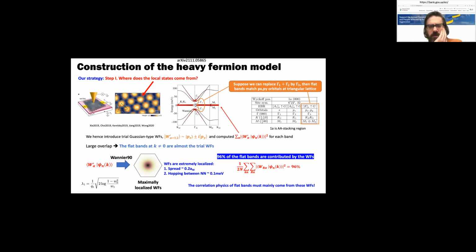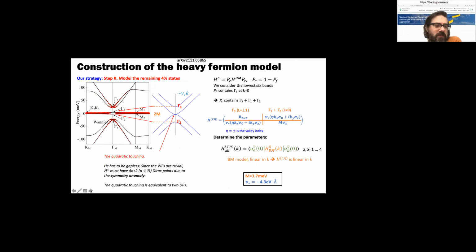Okay, so at the magic angle, 4% of the states are not given by this heavy fermion localized states. And this is clear why: at the gamma point, the Bistritzer-MacDonald bands have different representations than the heavy fermion states. These different representations make the band topological, and give you zero overlap with the heavy fermion states. So we need to model the remaining 4% of the states, which are the delocalized states.